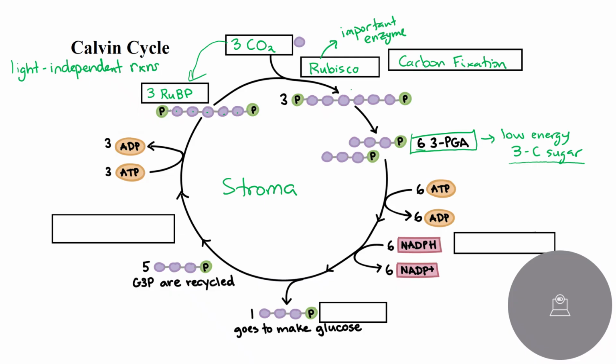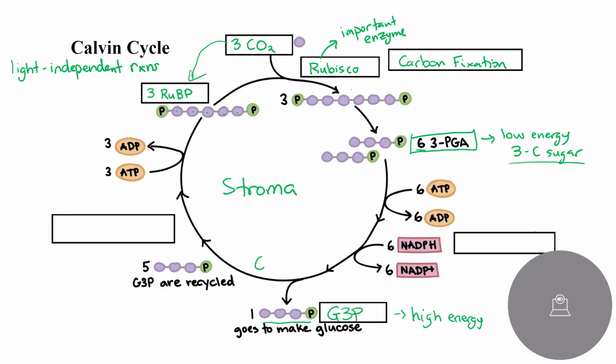So the second step is to turn this 3-carbon sugar into another 3-carbon sugar, but the big difference is it is high energy down here. G3P is a 3-carbon sugar that's very high energy. So we're going to call it high energy.